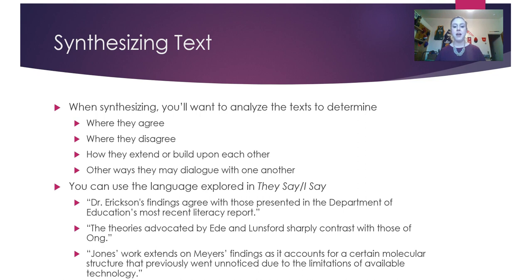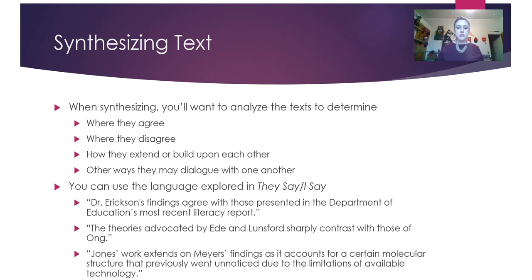Jones's work extends on Myers's findings as it accounts for a certain molecular structure that previously went unnoticed due to the limitations of available technology. Okay, so that's not necessarily expressing agreement or disagreement as we saw in the earlier two examples, but it's saying, hey, there was a limitation in earlier research, but this is how people have adapted and responded to that.